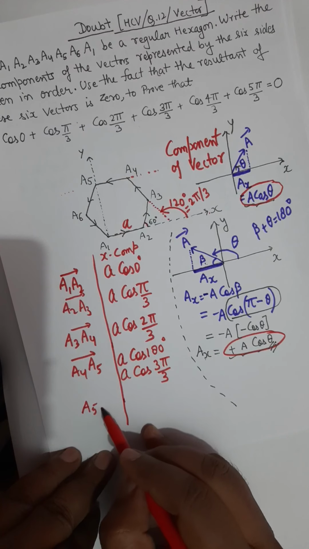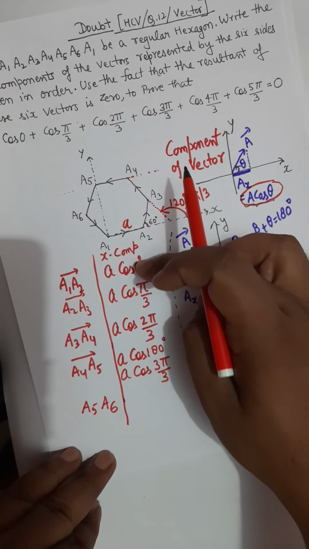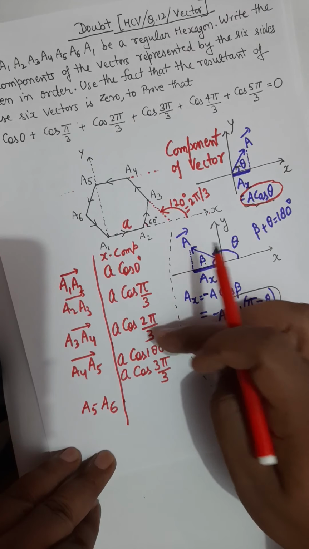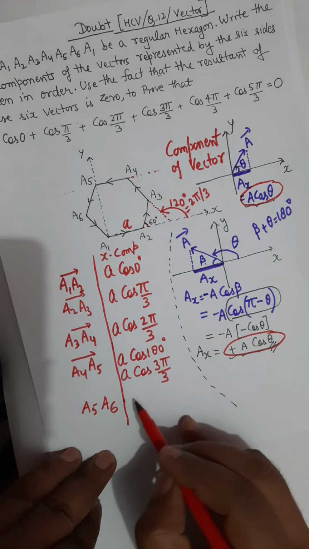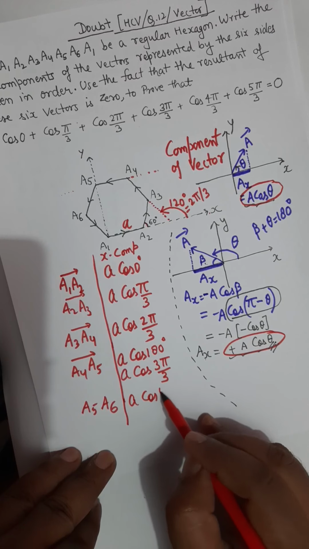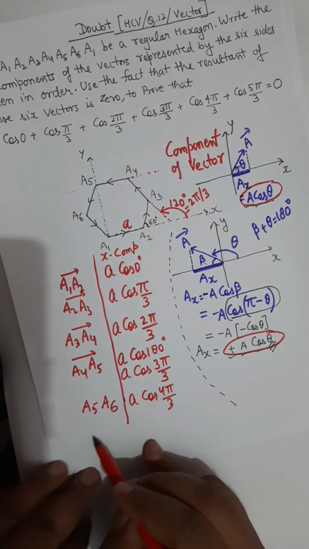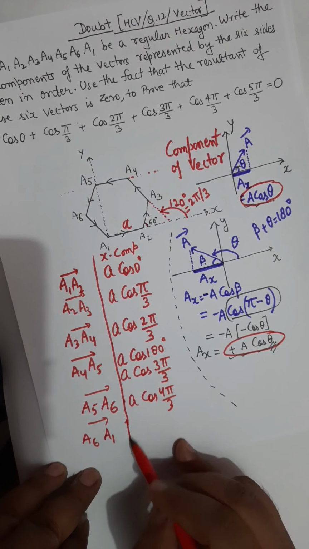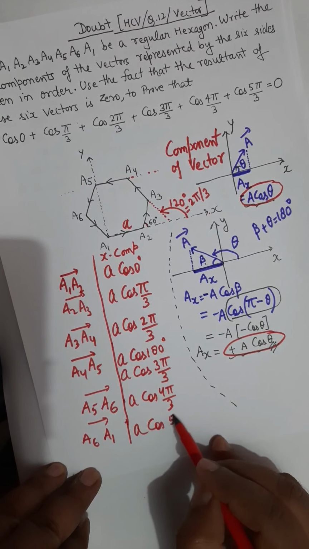Then A5A6. Now you can see there is a pattern: 0, pi by 3, 2 pi by 3, 3 pi by 3. So the next vector will have a cosine of 4 pi by 3, and the last vector, which is A6A1, will have a cosine 5 pi by 3.